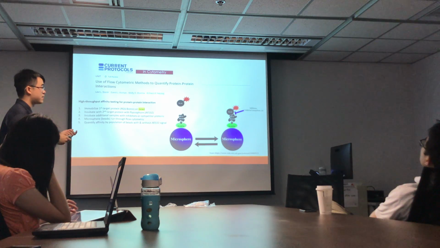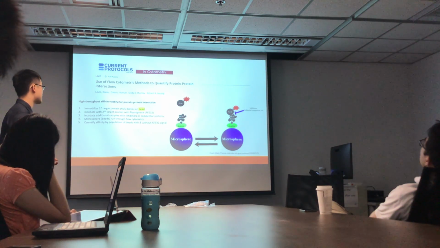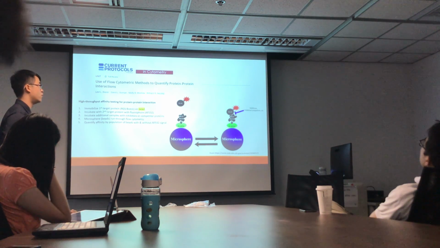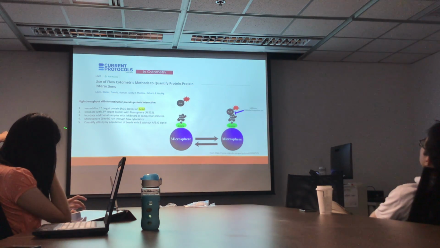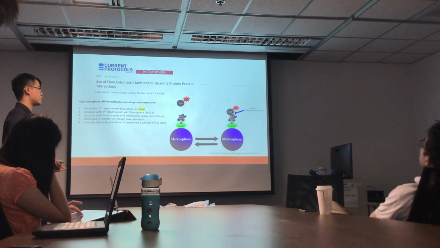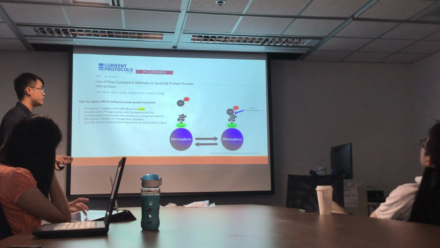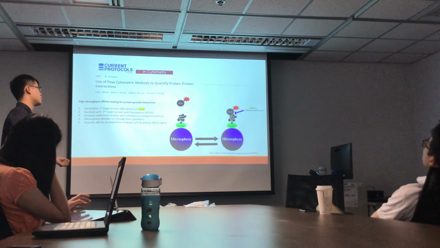In that case, they would displace the second protein and bind to it. Whereas if they have a weaker affinity, the second target protein will still stick to the first target protein. After that, they run these samples through a flow cytometer, and they can quantify the affinity by the populations of beads with or without the AF532 signal.